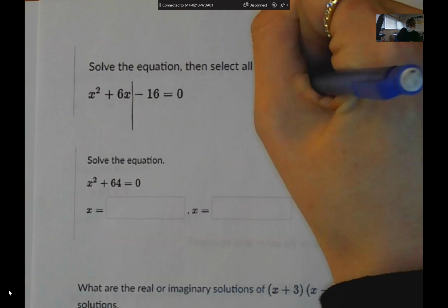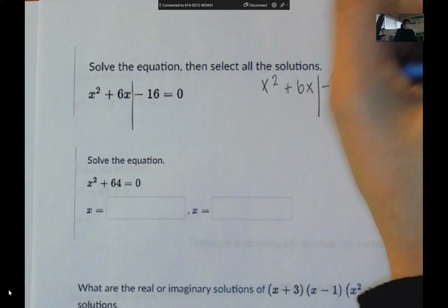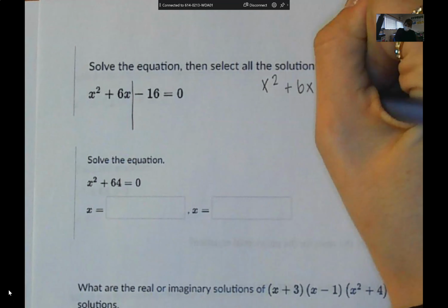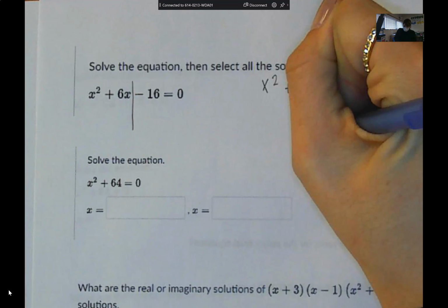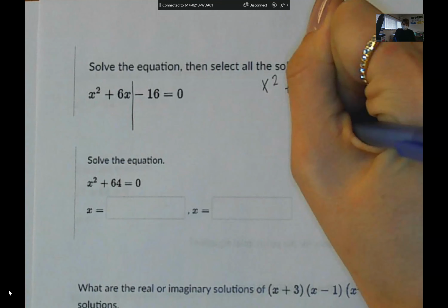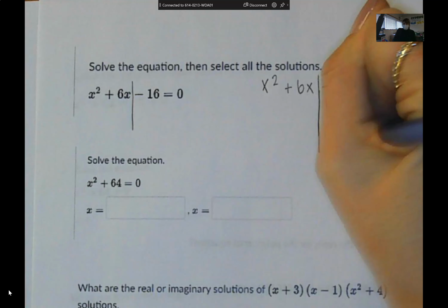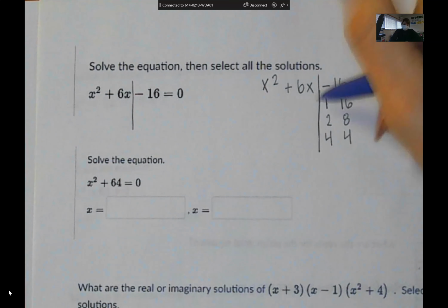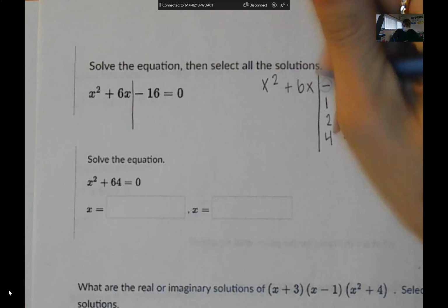So, we're gonna go 1 and 16. Does 2 work? Yes. 2 and 8. 3, 4, and? Okay, so here's all of our factors, and this subtraction sign here tells us we got to subtract them.